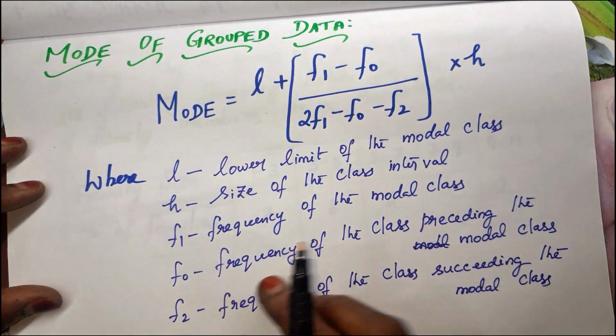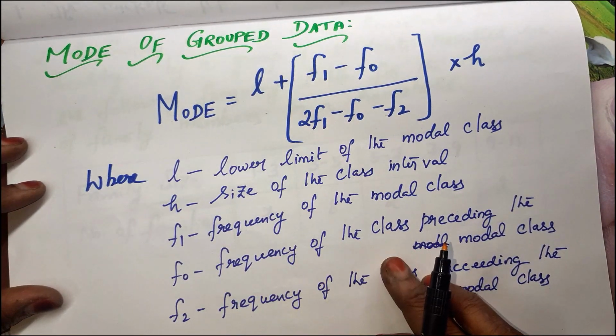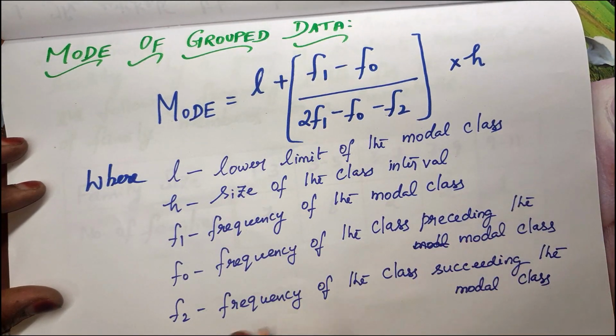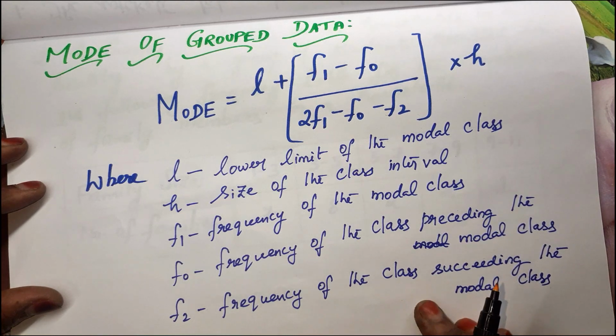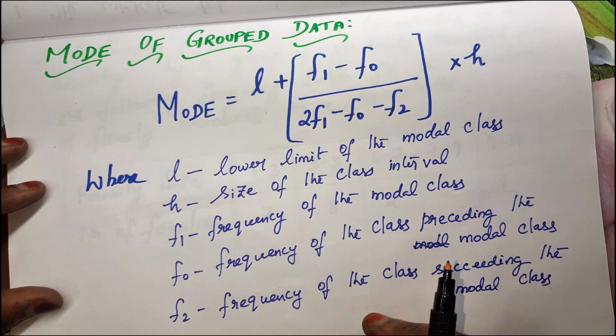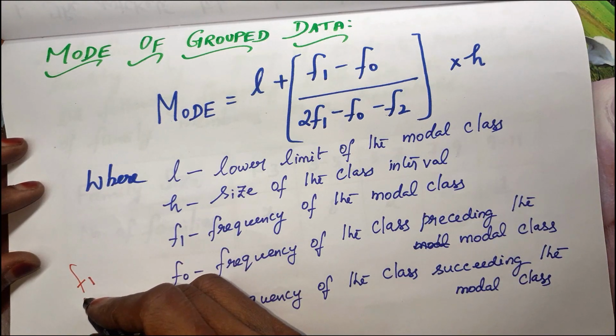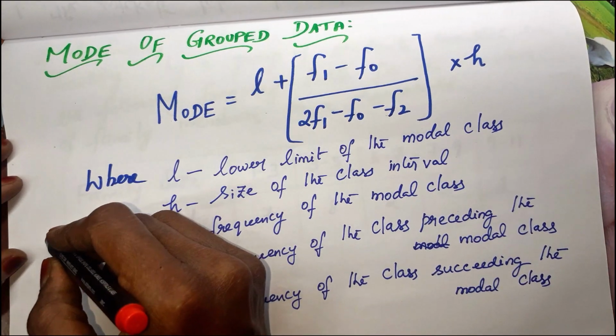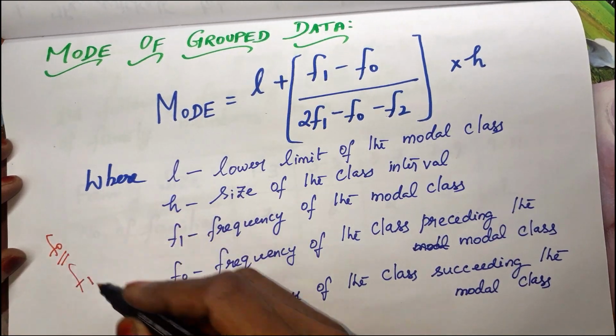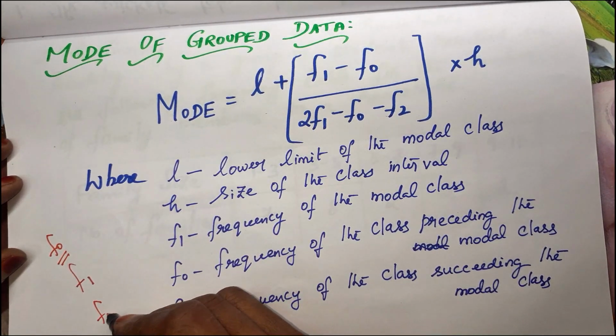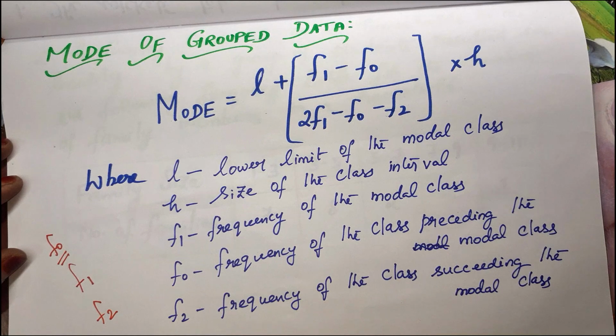F0 is the frequency of the class preceding the modal class, and F2 is the frequency of the class succeeding the modal class. So if we take F1 as the frequency of the modal class, the value above is called F0 and the value below is called F2.